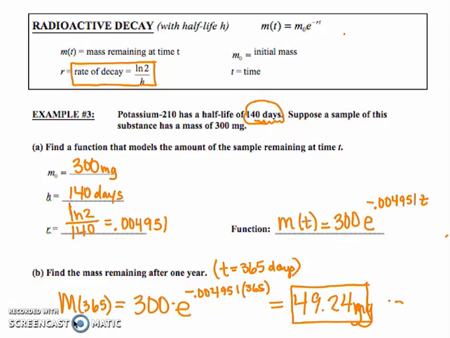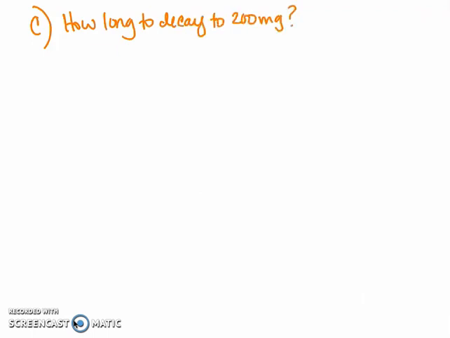Unfortunately, my part C here is cut off, so I'm just going to add a page. How long will it take for the sample to decay to a mass of 200 milligrams? Again, we're solving for time.